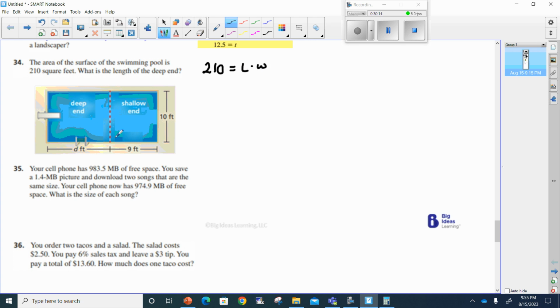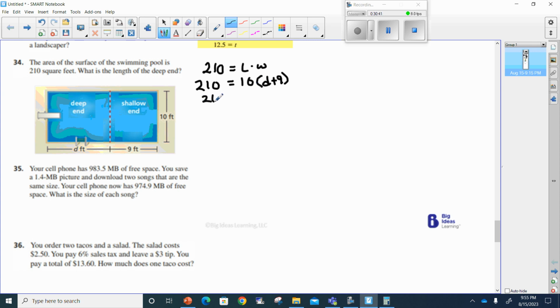times width. My length of my pool, or we'll go width times length, it doesn't matter. That's going to be 10, all right? And we're multiplying that by the width, which is d plus 9. All right, and that's got to equal 210. To solve this, it's pretty easy. We'll distribute properties, right?